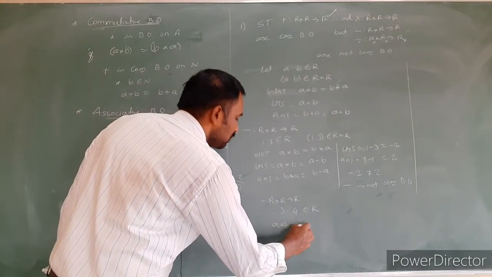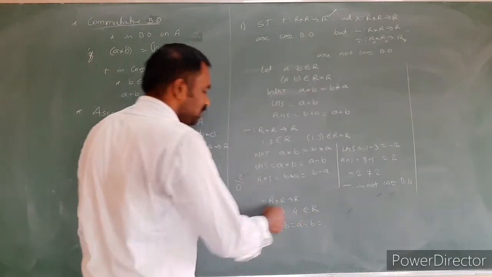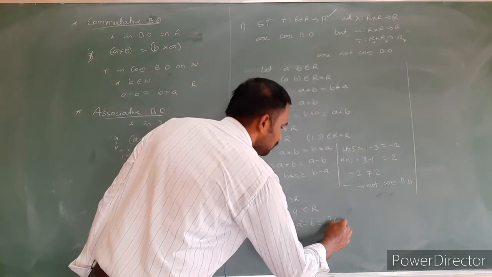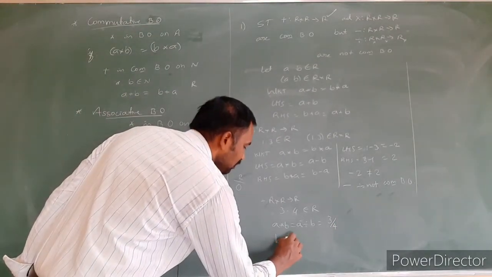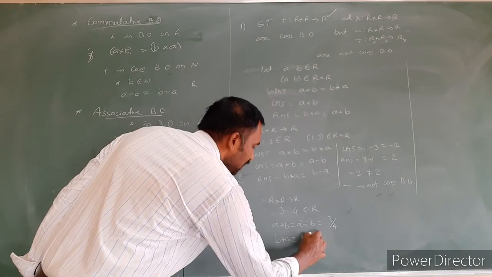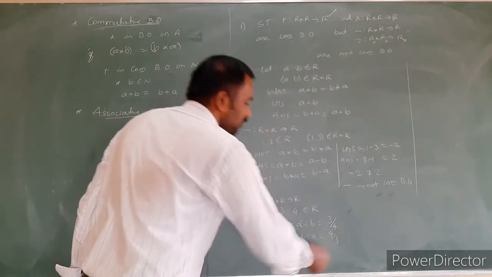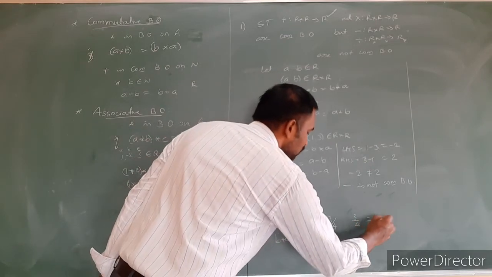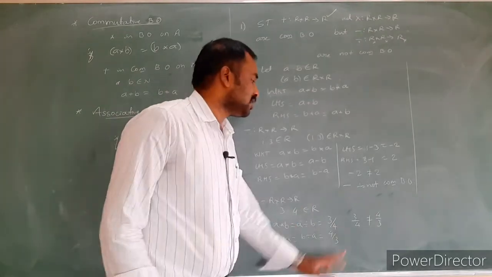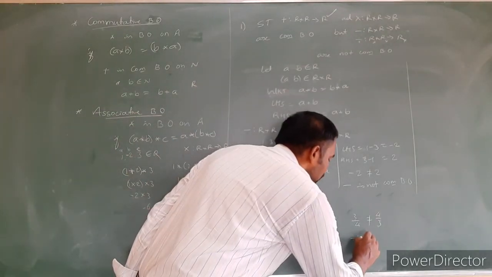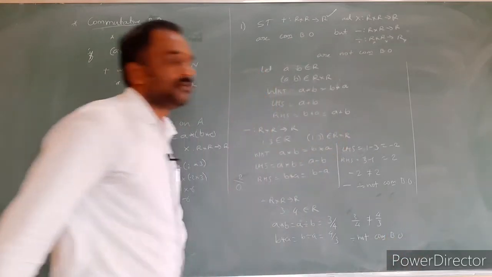A star B is A divided by B, which in this example is 3 divided by 4, that is 3 by 4. Similarly, B star A is B divided by A, which is 4 divided by 3. Is 3 by 4 equal to 4 by 3? Not equal. Obviously, you can say that division is not a commutative binary operation. That's all.